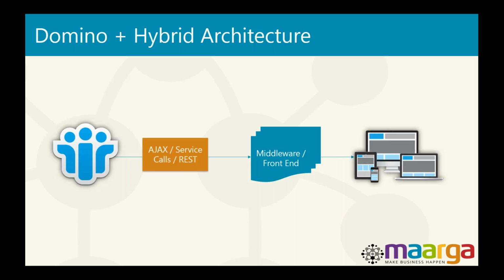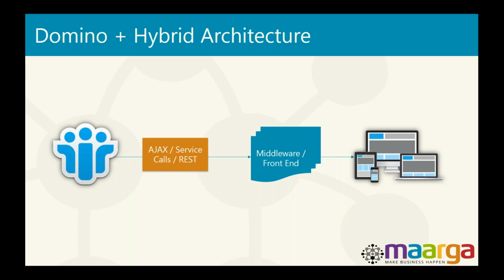And from the middleware or the front end component, there is an Ajax or a service called REST. Go to the Domino, pick up the data, because it's the data manipulation. We have seen how difficult it will be for old data to come back to a new system. So we just go to the Domino and pick up the data and the design parameters.